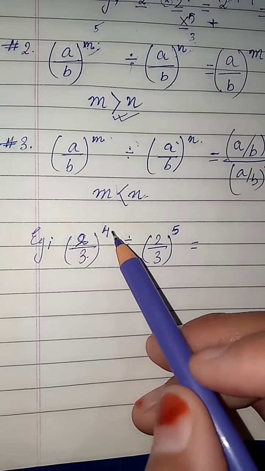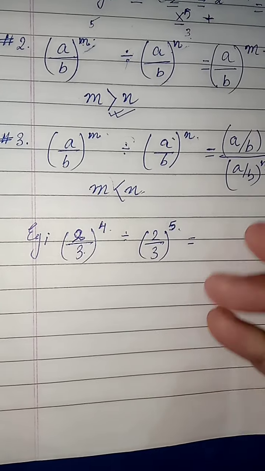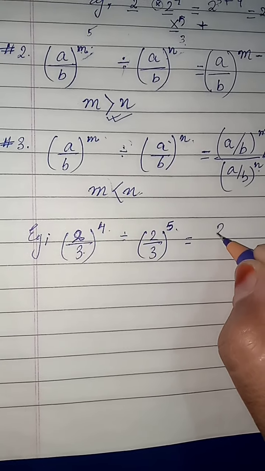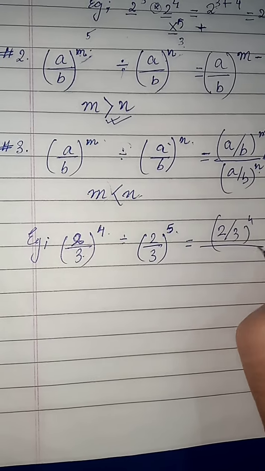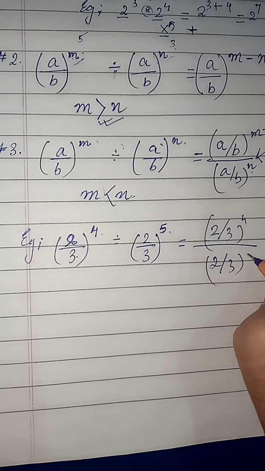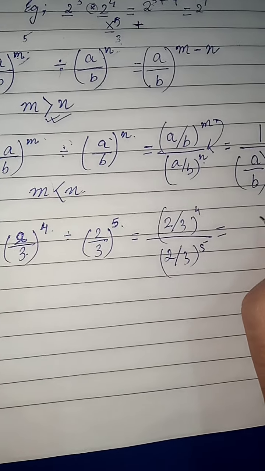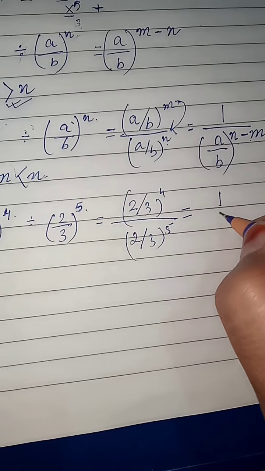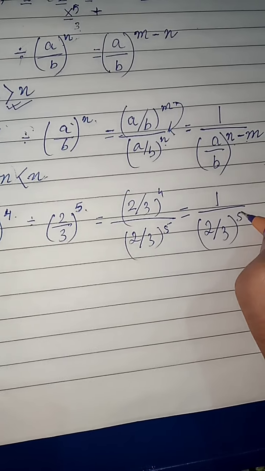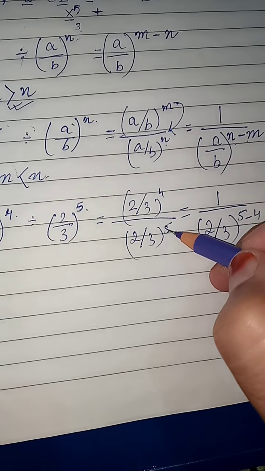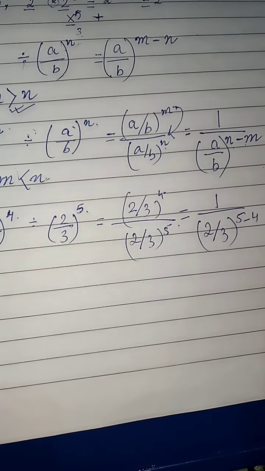See, (2/3)^4 divided by (2/3)^5. So what you will do, (2/3)^4 divided by (2/3)^5. And then what we'll do, 1 by (2/3) to the power 5 minus 4. Whichever is bigger, keep it there, bring this one down.